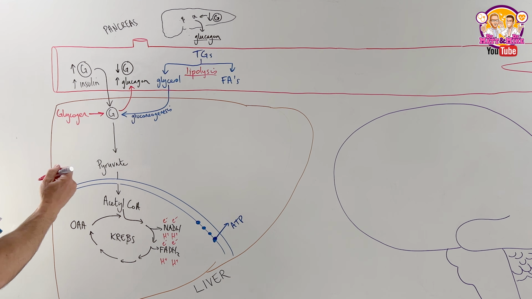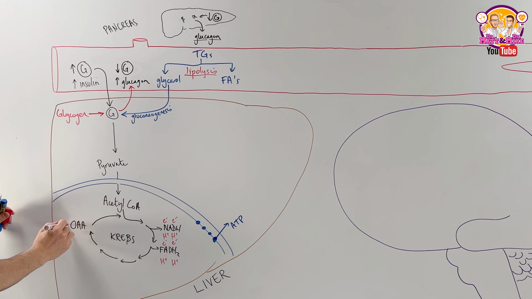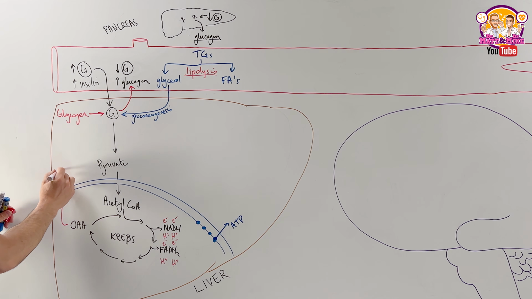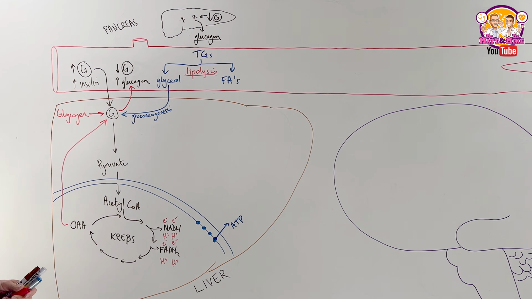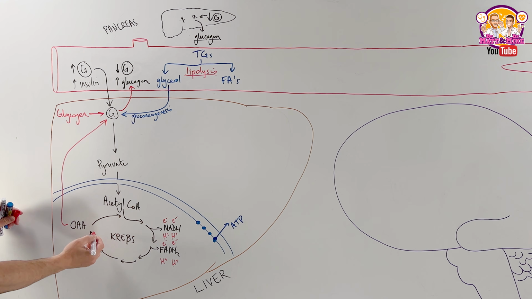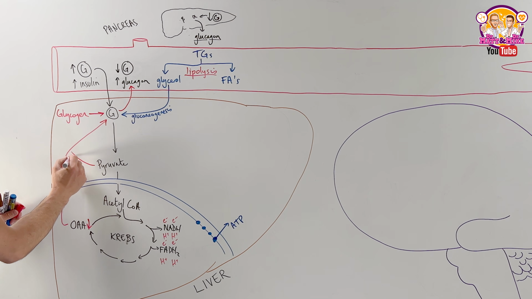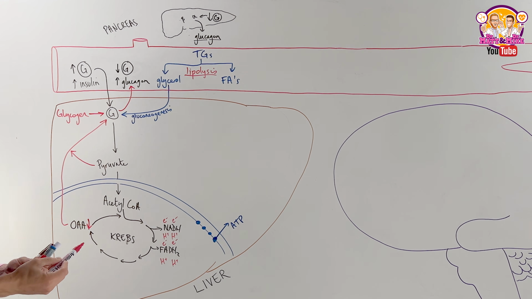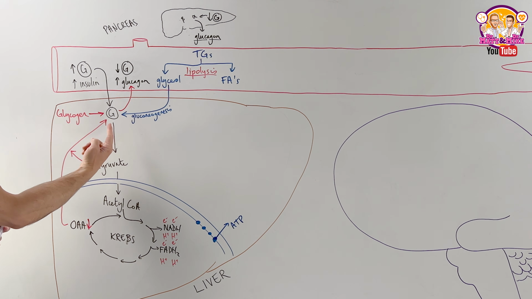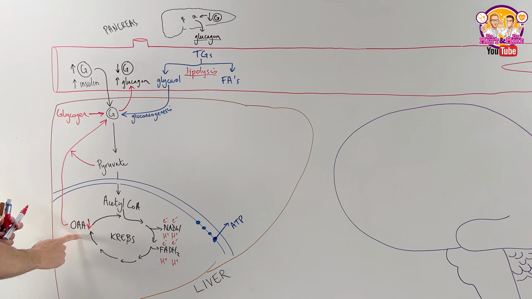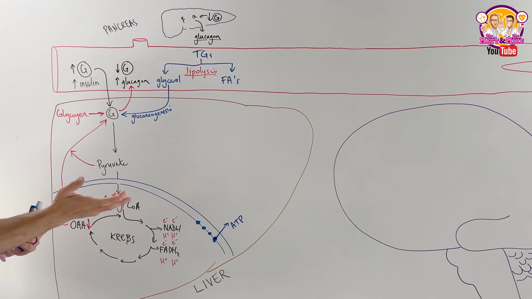And oxaloacetate can leave the Krebs cycle and leave the mitochondria, and oxaloacetate can turn back into glucose. Now that's brilliant. But that also means that the levels of oxaloacetate in the mitochondria, in the Krebs cycle, drops down significantly. Pyruvate goes, hey, I know you, you're a friend of mine, I'm going to turn into oxaloacetate and turn into glucose. So while pyruvate can't go backwards immediately, it can turn into oxaloacetate and turn into glucose. So oxaloacetate is a gluconeogenic substrate.